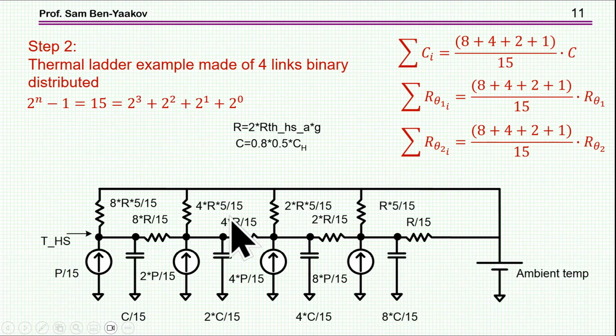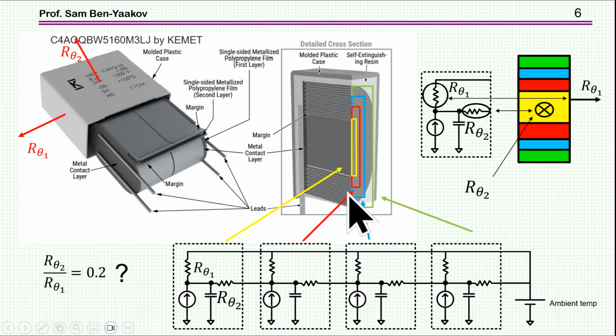So just arbitrarily we have chosen to break it down into binary fractions, and the reason is that we have volumes of different sizes. Here the volume is smaller, and then we have a larger, and then a larger. So here we have a larger thermal resistance and a smaller capacitance, and then we have a certain power source, and as we go here, the power source is increasing, capacitance is increasing, and the thermal resistance is reducing.